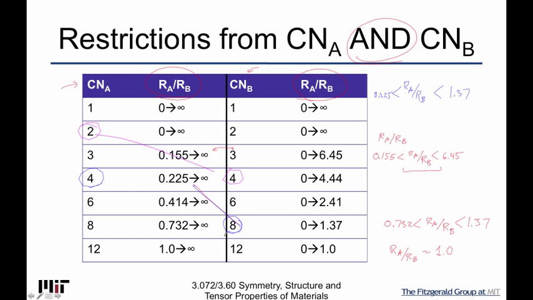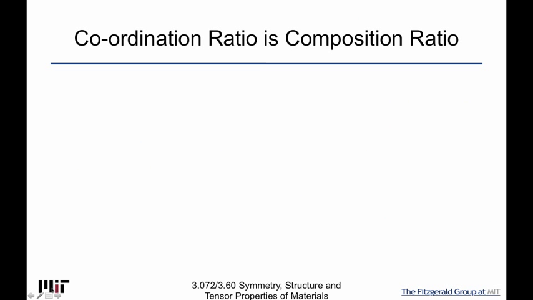So this should motivate a discussion then of how coordination numbers are related to composition. And so that's what we're going to just quickly do here. I think for some of you this may be somewhat obvious, but I think it's worth doing.